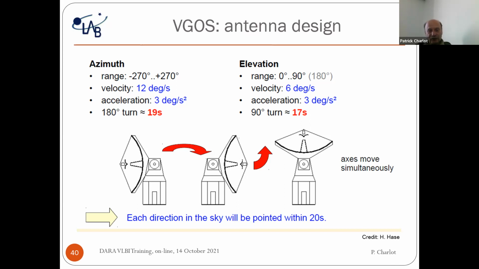So the conclusion was that you would like antennas that are roughly 12, 13 meters in diameter, and you want to be able to move them with a velocity of 12 degrees per second in azimuth and 6 degrees per second in elevation. If you achieve this, then each direction in the sky will be pointed within 20 seconds.